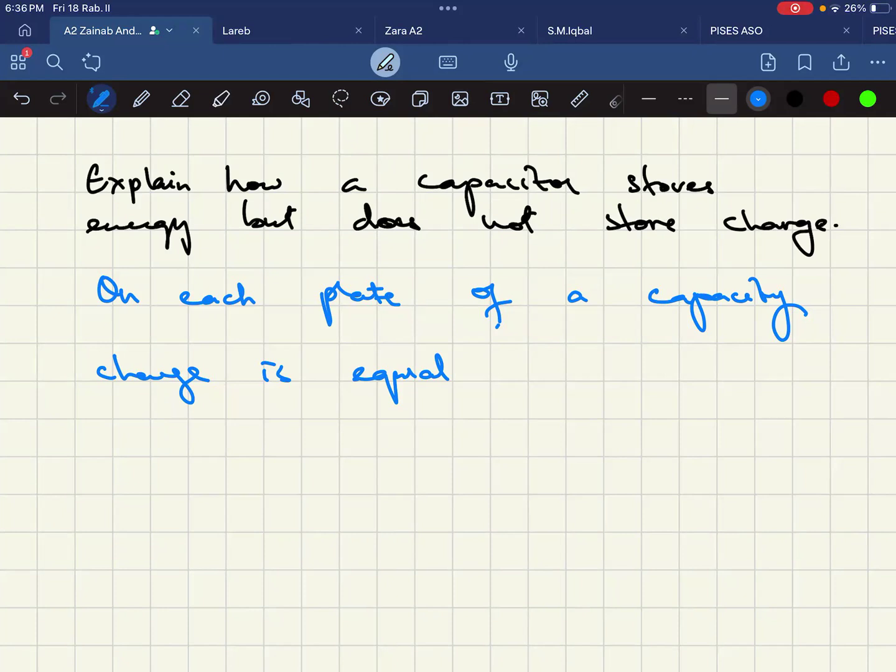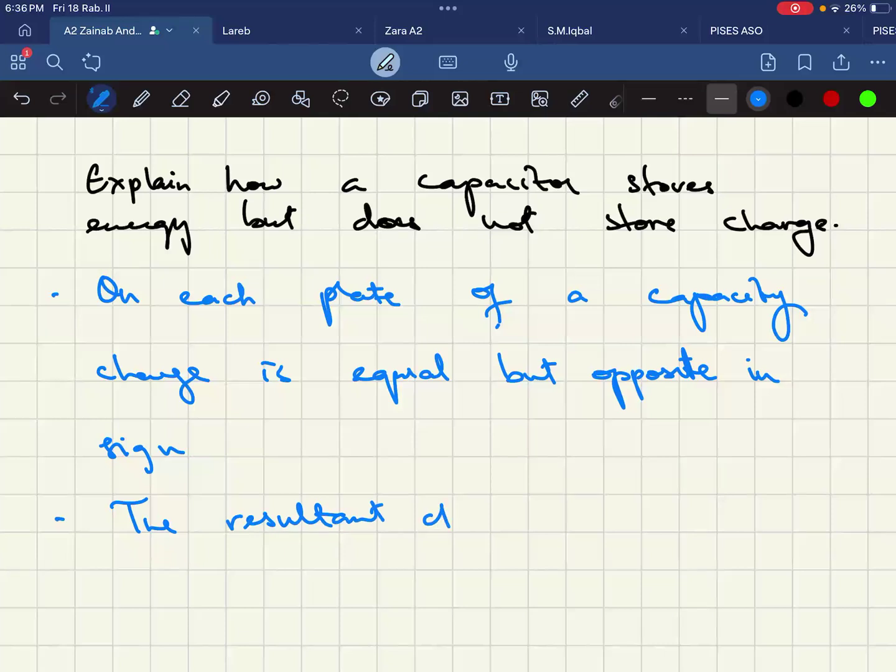So on each plate of the capacitor, charge is equal but opposite in sign. Don't you think if I sum them up, the resultant charge is zero, so it does not store charge.